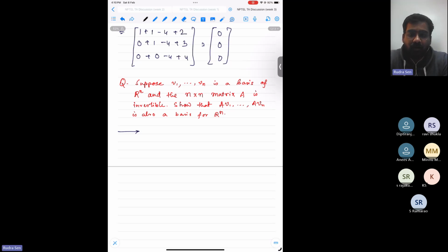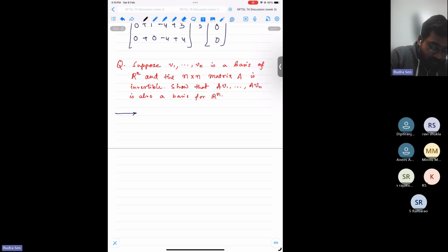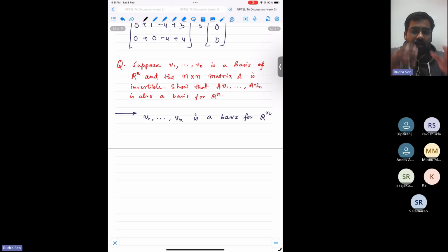Is that statement correct or not? That is basically what the question asks. Definitely the statement is correct, because V1 to Vn is a basis for the Rn space. So using the basis, we can span the whole space.